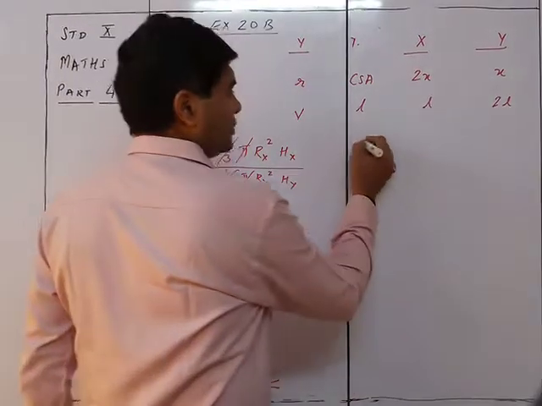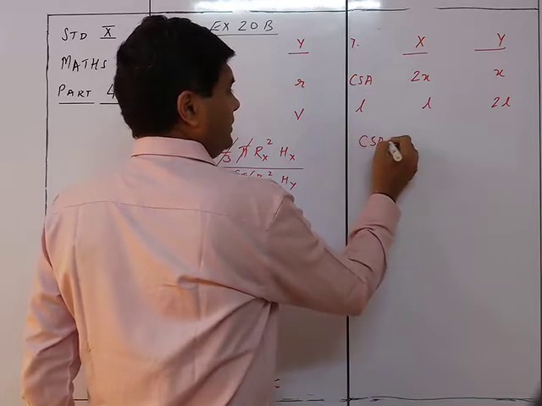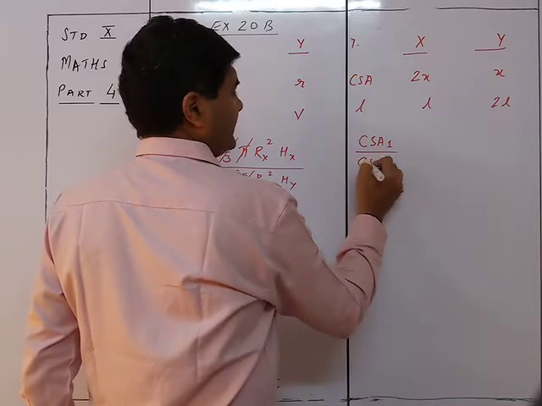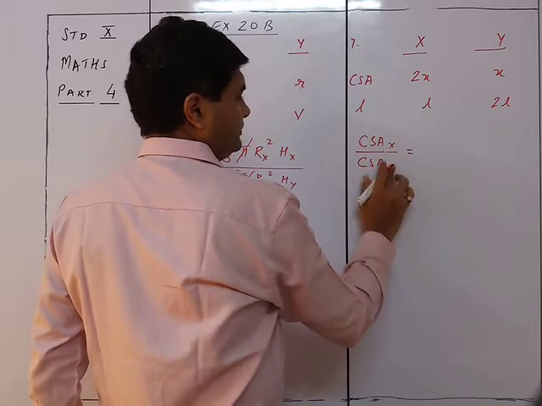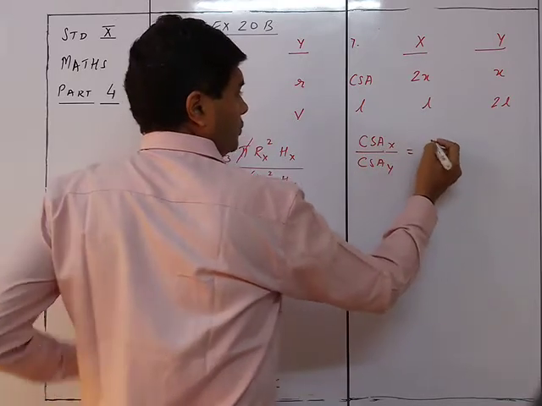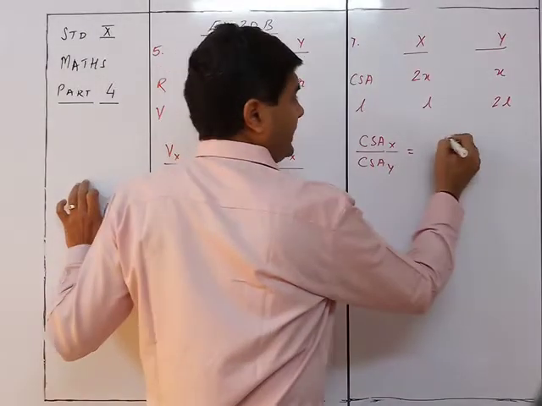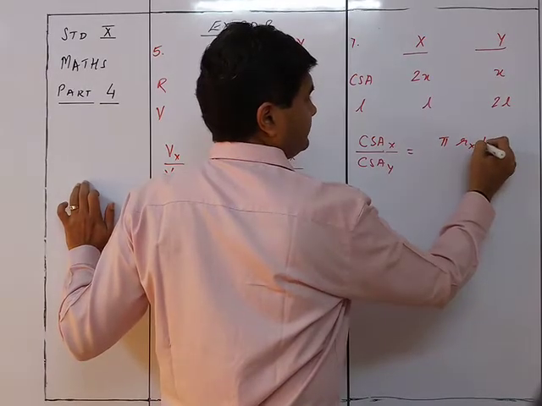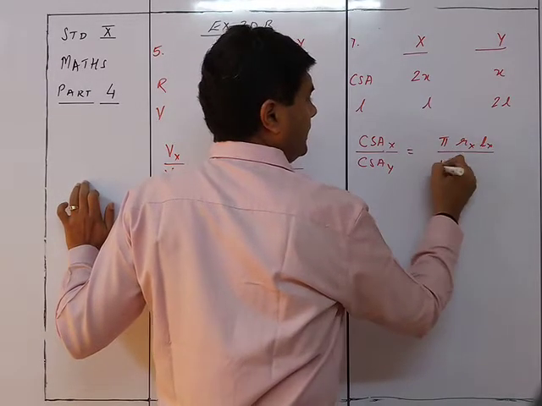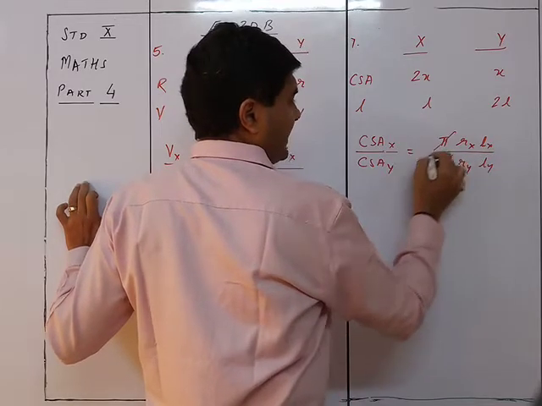So over here we know that CSA1 upon CSA2, x and y, will be equal to, what is the formula for CSA? Pi r L. So it is pi rx Lx upon pi ry Ly. So pi gets cancelled.